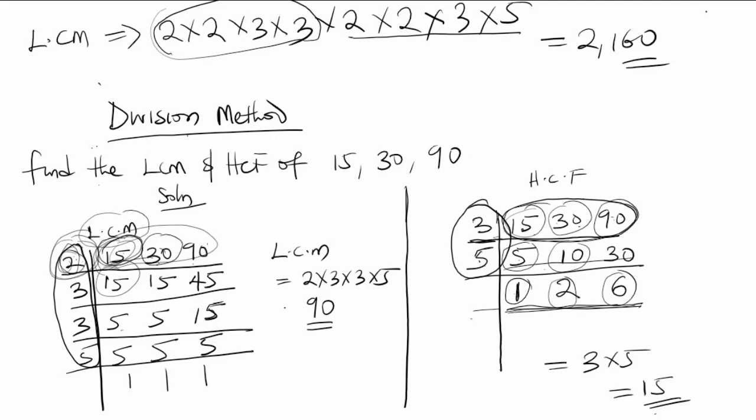But in the HCF, it is compulsory that the factor must divide all of them completely without the remainder. I don't know if I'm making sense. I'm trying to explain it in the best possible way. So that is it for the division method.